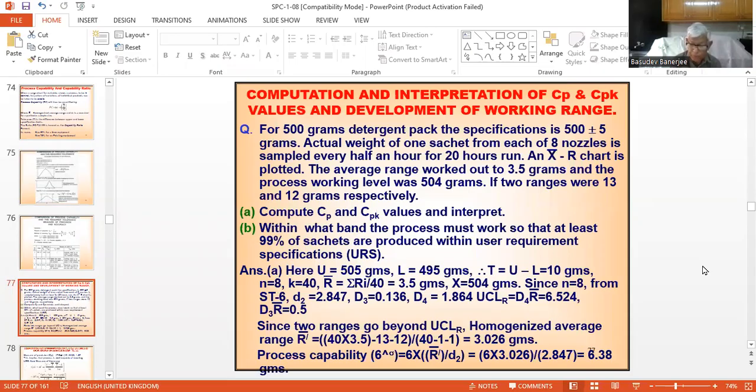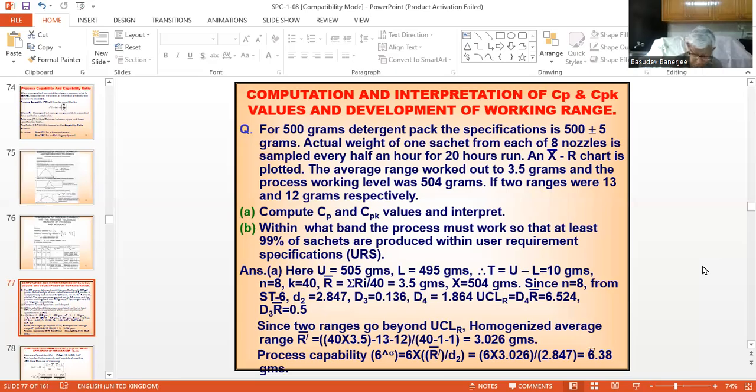This is computation of CP and CPK and their interpretation. Okay. All of you open that.